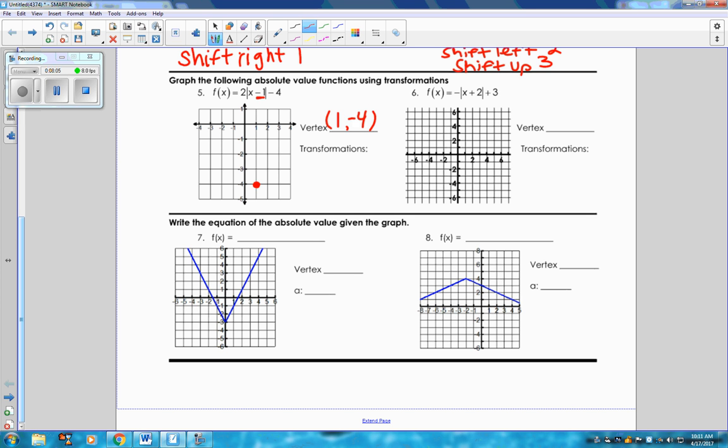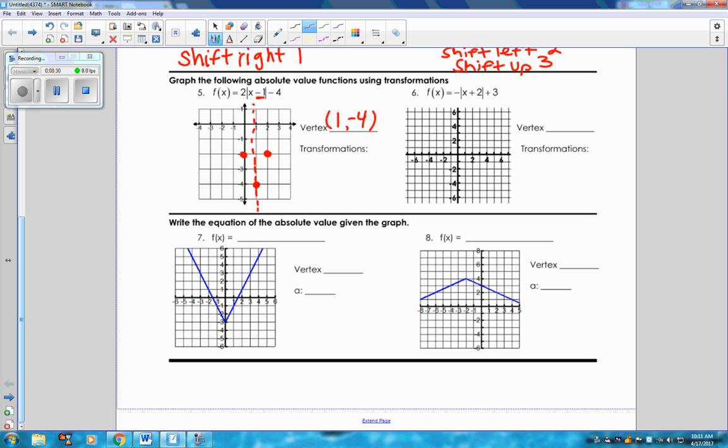All I did was plug in 2 for x, and we got negative 2. Remember, absolute values reflect over the line of where my vertex is. So that means at 0, I'm also going to have a point at negative 2.